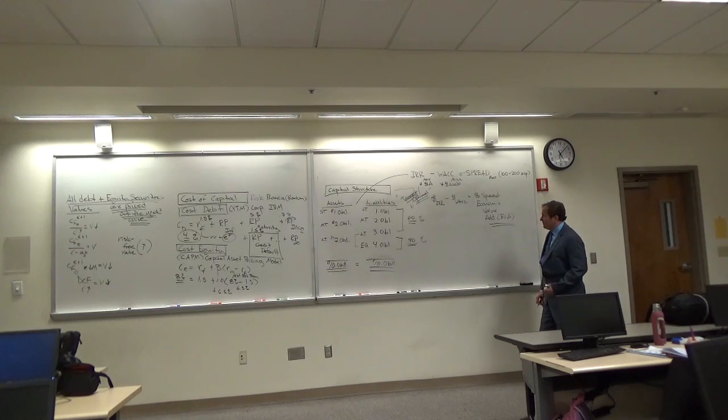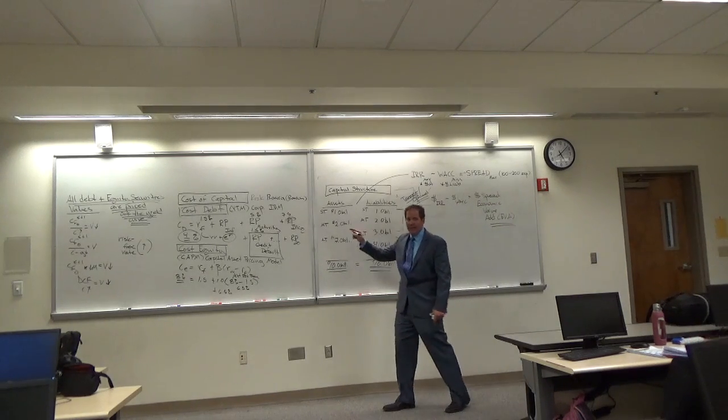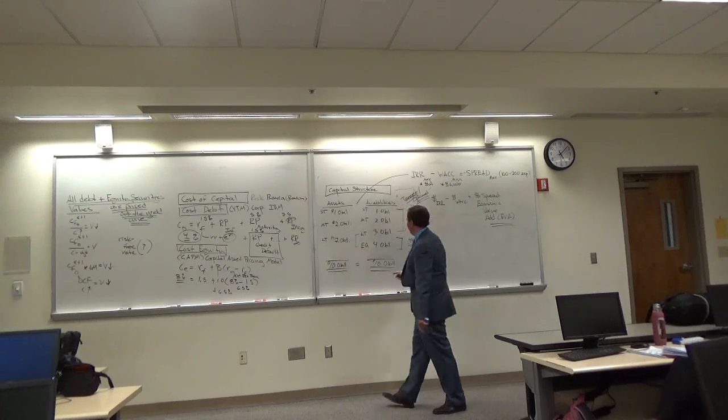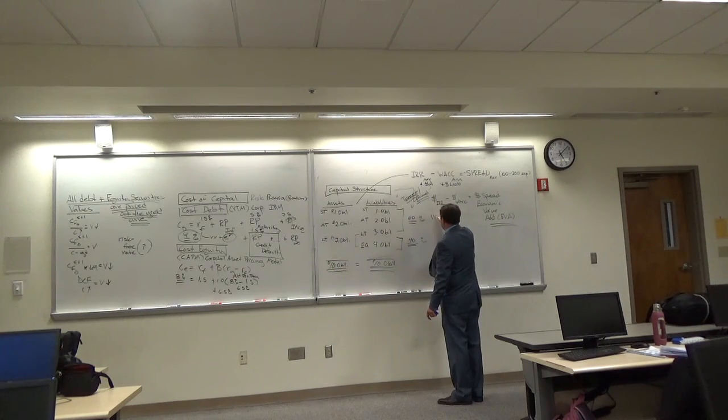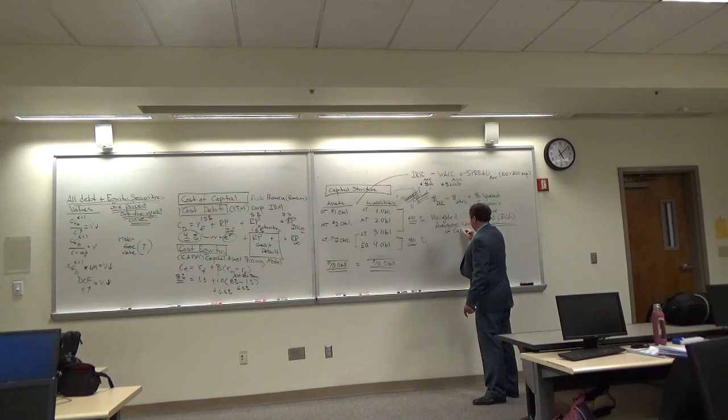So now we've got the capital structure, we've got the weights, and we now have the cost of the debt and the cost of the equity, so we can calculate the weighted average cost of capital, or what is called WACC.